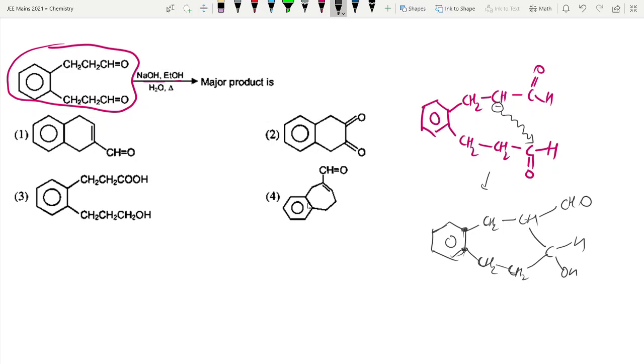He said to me we have to be careful that there will be a 7-membered ring, and yes, this is a 7-membered ring here.